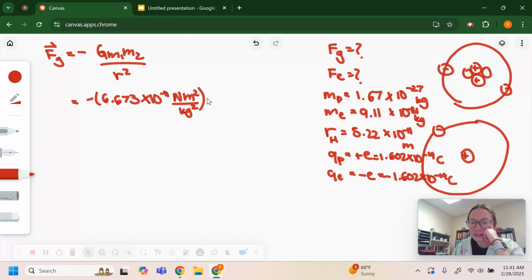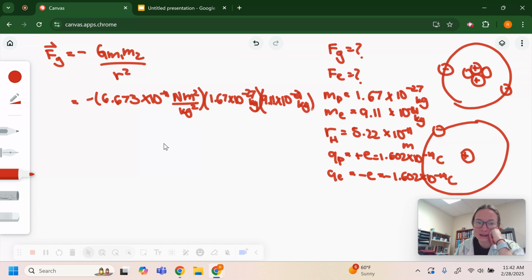Then you would plug in the mass of the proton, which is 1.67 times 10 to the negative 27th kilograms. Ooh, we're tight on space here. Then you would plug in the mass of an electron, which is 9.11 times 10 to the negative 31st kilograms.